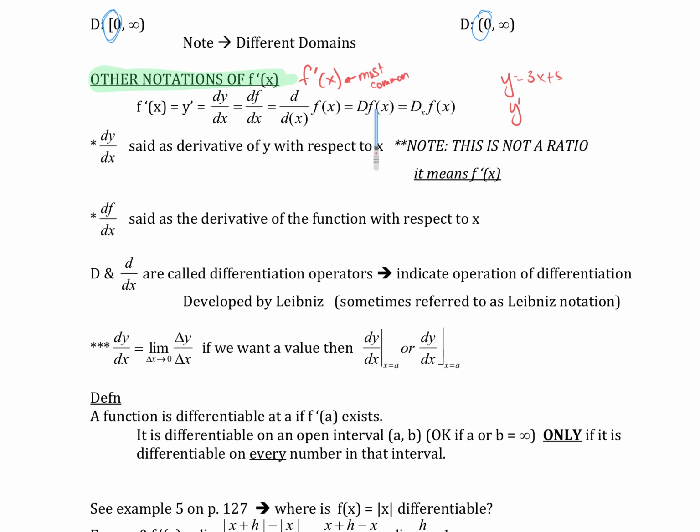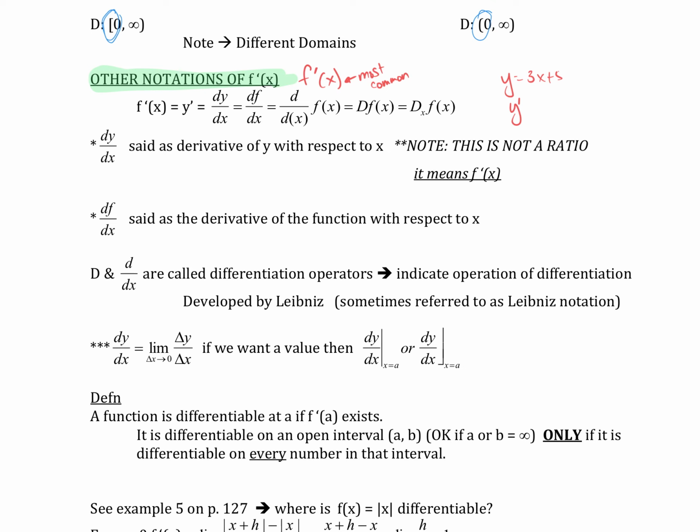You won't often see these two until you get to really higher level math. You'll start seeing some of these, but most likely you will see these ones right here. Now, dy dx is, as I said above, the derivative of y with respect to x. This is not a ratio.